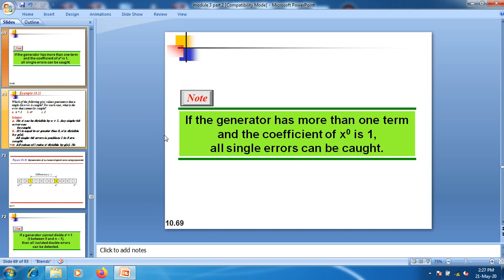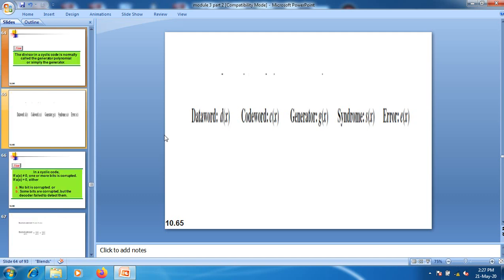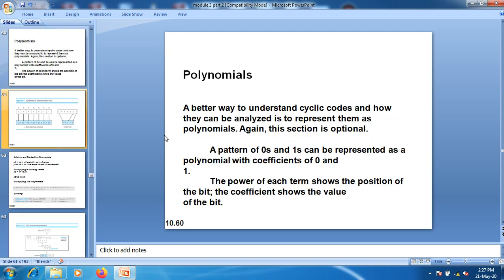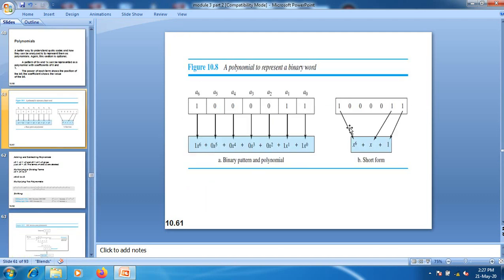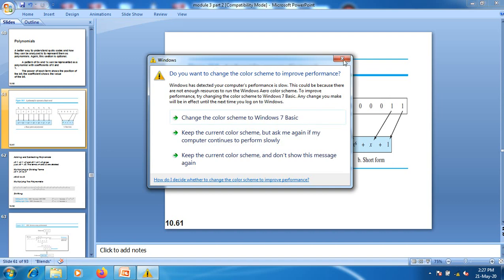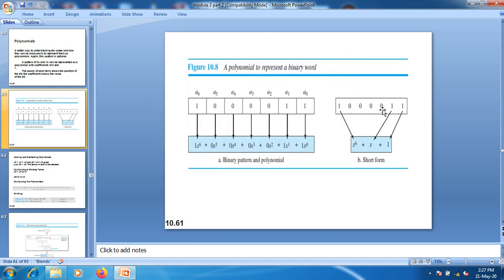Suppose you have a single bit error, in that case, how are we representing this information? I am representing this information by using a polynomial expression. For example, if I am defining my error function e of x, I am defining which particular bit position is the corrupt one.